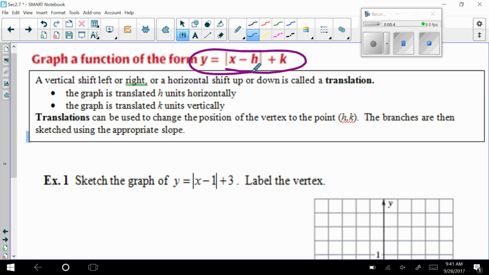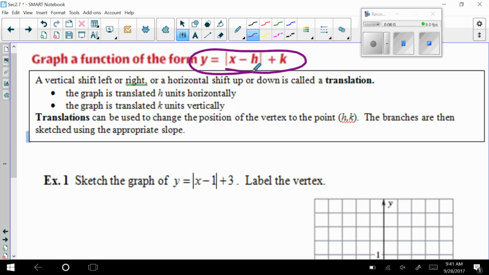Looking at this graph of an absolute value function beyond the parent function, the graph is translated h units horizontally and is translated k units vertically. Translations can be used to change the position of the vertex.